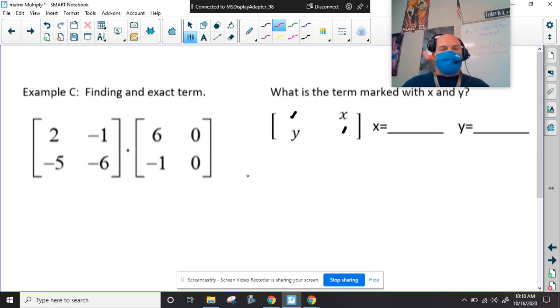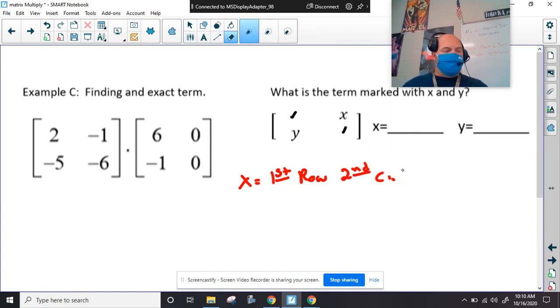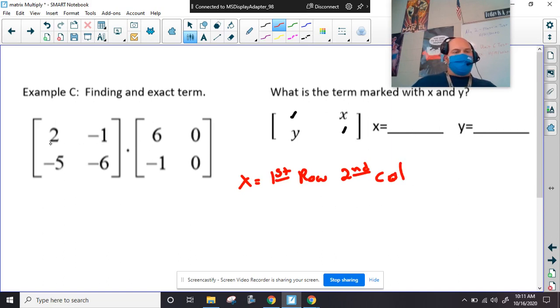Now X is in the first row, second column. I can't spell column. So we're going to multiply this first row times the second column.